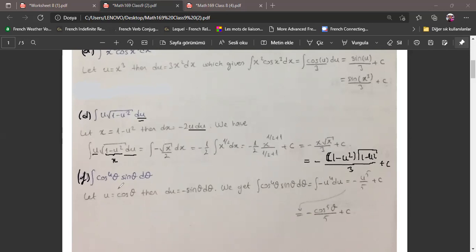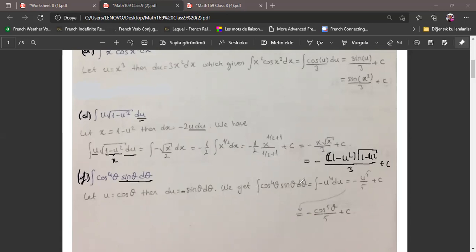For this part, we have cosine to the 4 theta sine theta d theta. So if we say u equals cosine theta, then differentiation gives us du is equal to minus sine theta d theta, right? So you see here we have minus du, right? As we have minus there, it's equal to minus du. So what do we get?